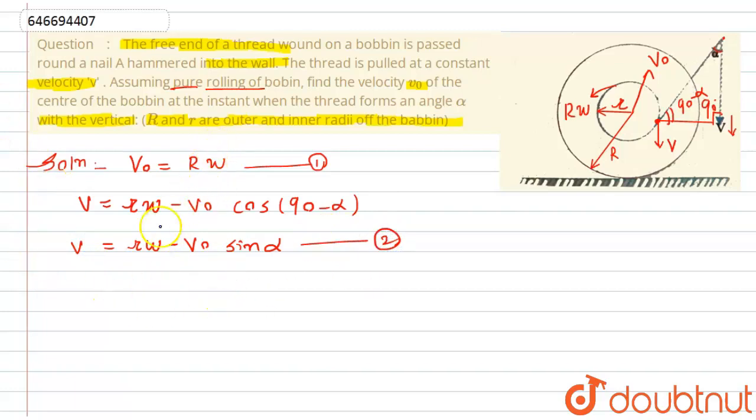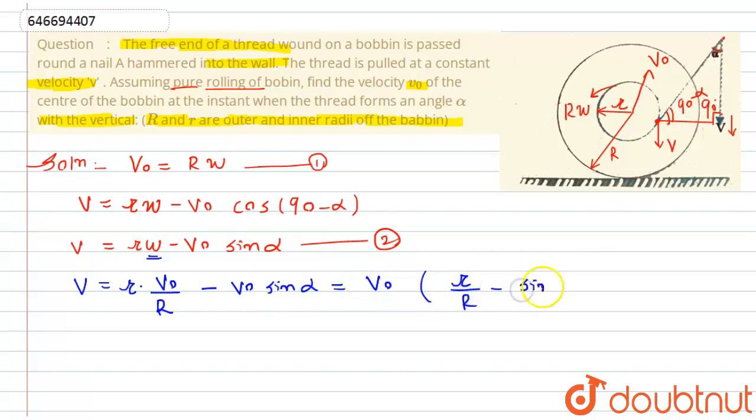From equation 1, if we put the value of omega as v0 by r, this will become v equals, in the place of omega, v0 divided by r, times capital R, minus v0 sine of alpha. We can take v0 as common here, so this implies v equals v0 times (R by r minus sine of alpha).